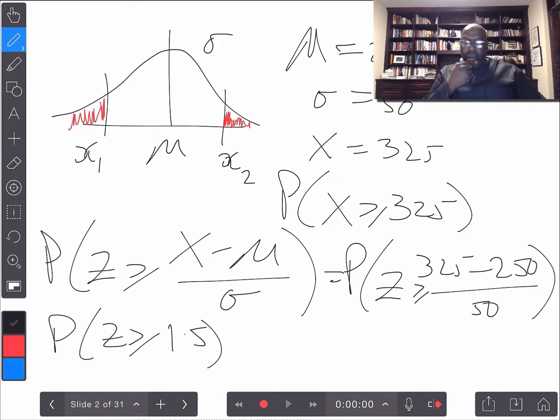For example, what's the probability that in a single week I spend more than $325? I represent that by x. In other words, an observation of the random variable is $325 or more. That's what I'm looking for. So we're not taking a sample larger than one. It's just a single observation.